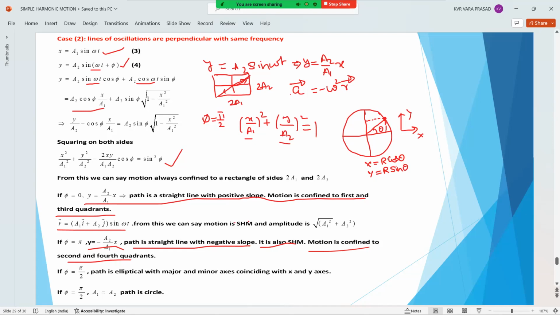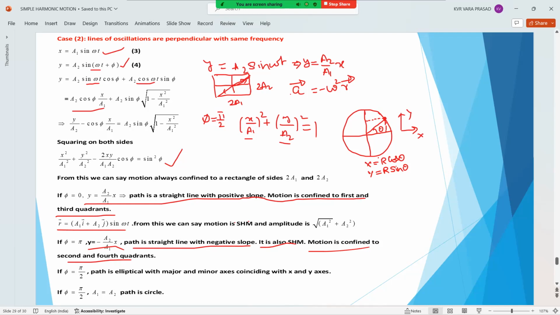That means uniform circular motion is a combination of two simple harmonic motions with the same amplitude, lines of oscillation mutually perpendicular, phase difference equal to 90. Okay, that means the projection of a particle in uniform circular motion is simple harmonic motion. This is about superposition of two SHMs.